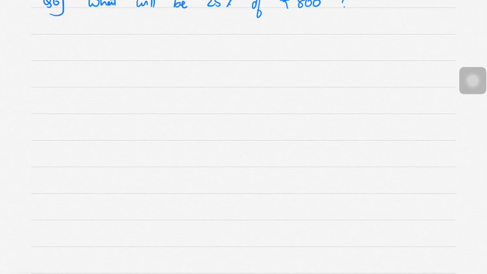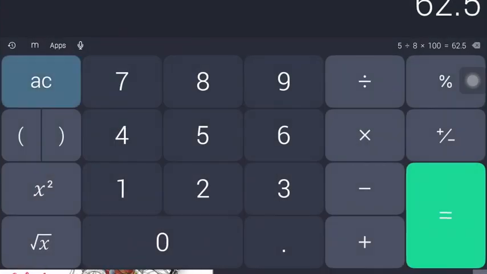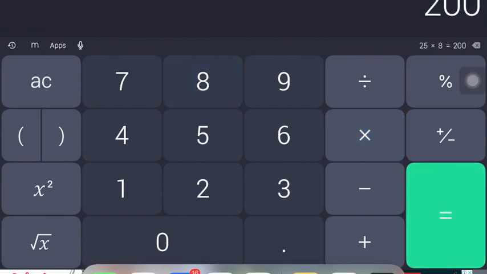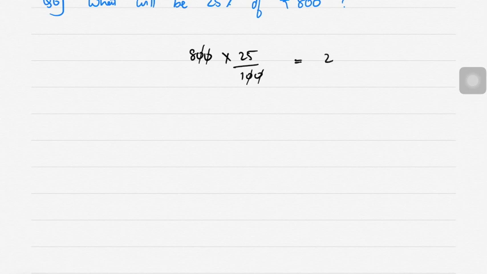So what you will do? 800 into 25 upon 100, which will be 25 into 8. 25 into 8, 200. So 200 is 25% of 800.